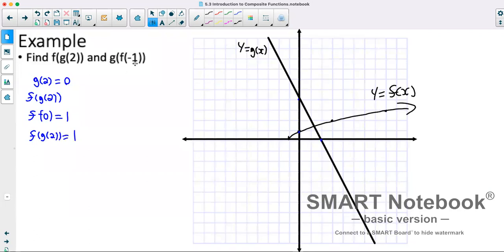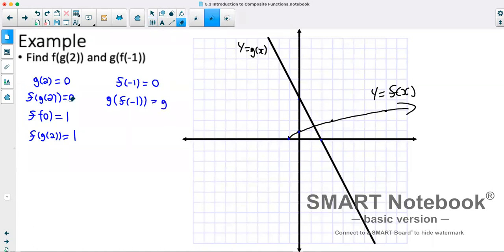Now if we have g of f of -1, we'll find our inner function first. So f of -1 would be here at 0. That's saying if we have g of f of -1, that's the same as saying g of 0.